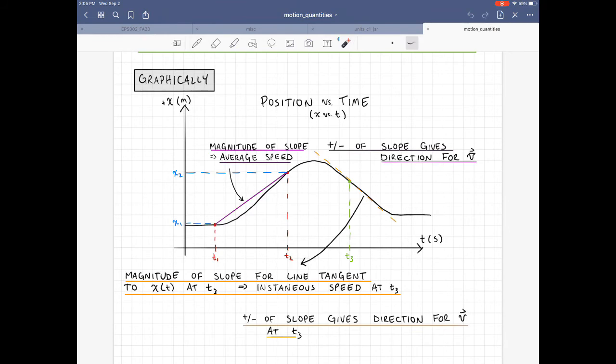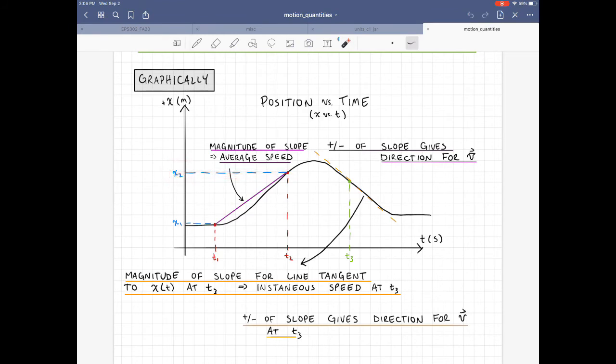I've just made this up, and we're going to investigate what we can learn from looking at this black curve. The first thing is, if we just read off the values on the y-axis, that's going to tell us the x position, right? So here at time t1, x1 is the position of my object at time t1. And if I want to know where the object is at t2, I just read off that value.